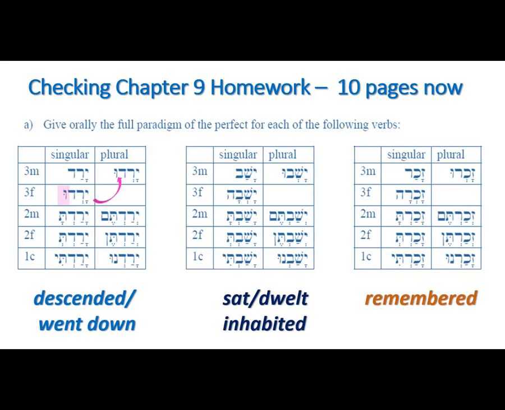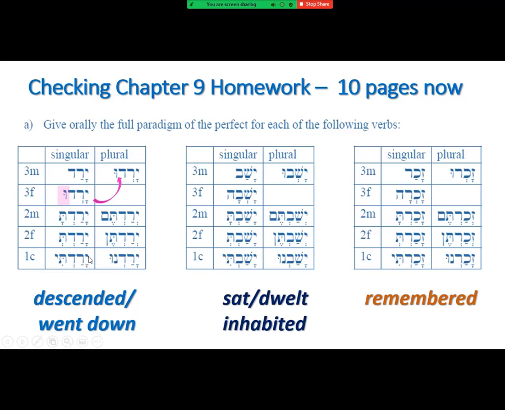Okay, so Yarad is to descend or to go down, and this is in the past. So he descended is Yarad. She descended is Yarda, ending with a hey. You descended is Yaradta, and Yarad T for you female descended.